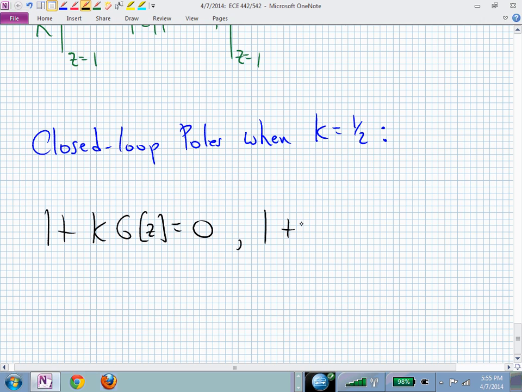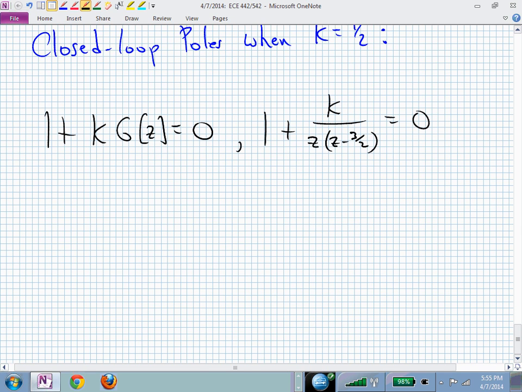But that's just 1 plus k over z, z minus 3 halves equals 0. And we now have a value of k. And what we need to look at is actually the numerator of that rational combination of terms. And that will give us the closed loop poles.